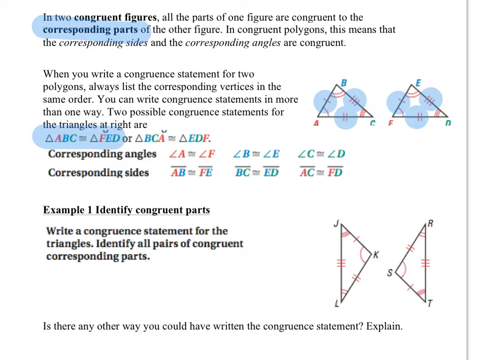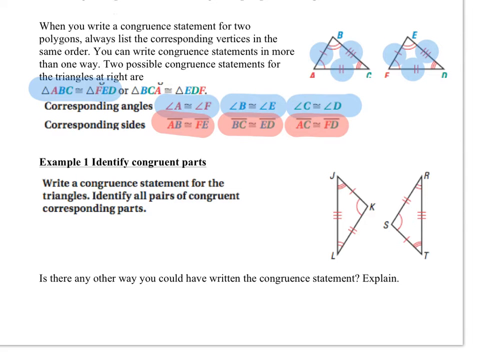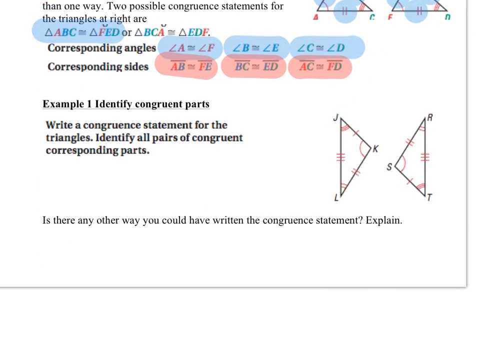And then if I want to write each of the congruent parts, the corresponding angles, A would be with F, B with E, C with D. Likewise the corresponding sides: AB would be with FE, BC with ED, and AC with FD. So in a triangle, you have 6 corresponding congruent parts.